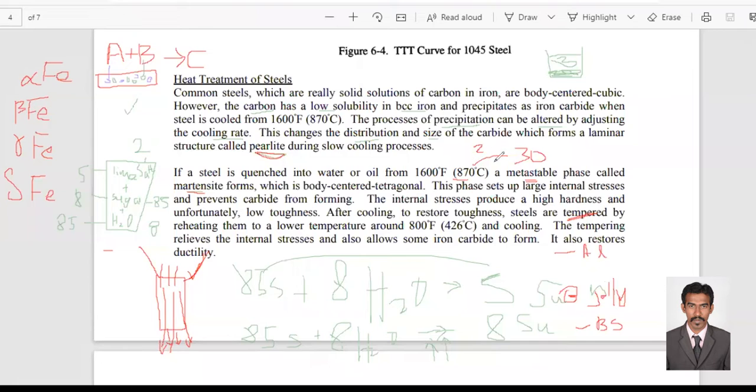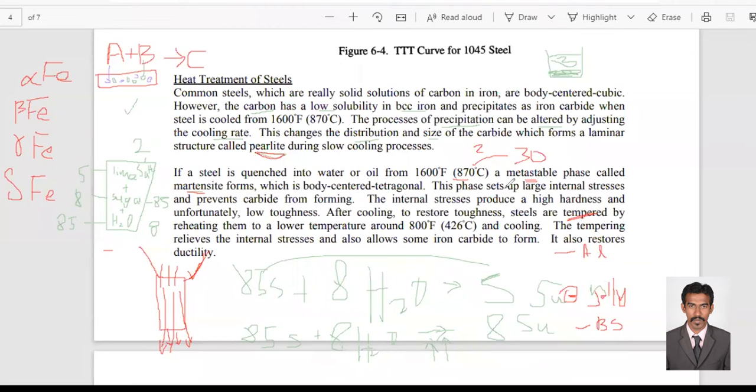Imagine how fast the cooling rate is. So there won't be any arrangement or regularity among the interior atoms. They will just take whatever space and structure is available. That's why it is very hard, but toughness is less.